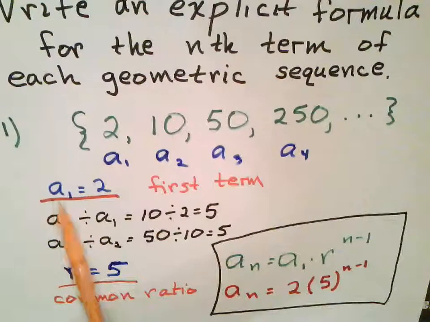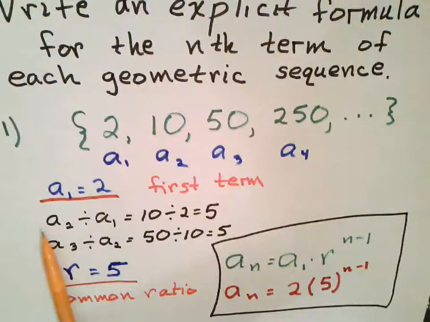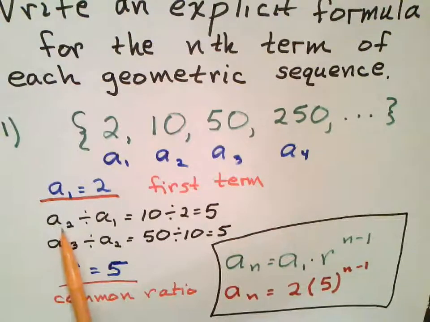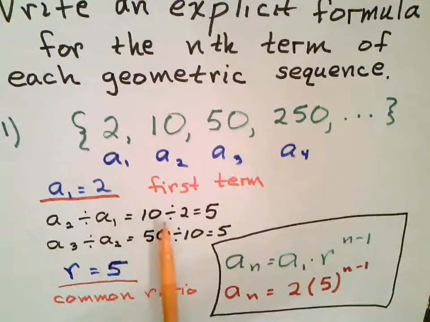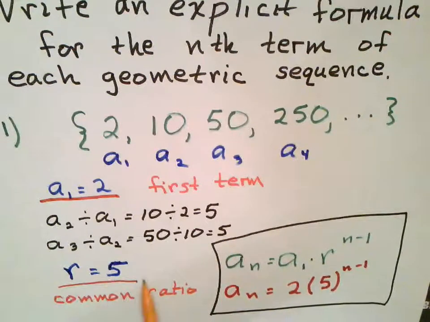Well, the first term is a sub 1. To find the common ratio, we take two consecutive terms and divide. a sub 2 divided by a sub 1, which is 10 divided by 2, is 5. a sub 3 divided by a sub 2, 50 divided by 10, is 5. So the common ratio is 5.